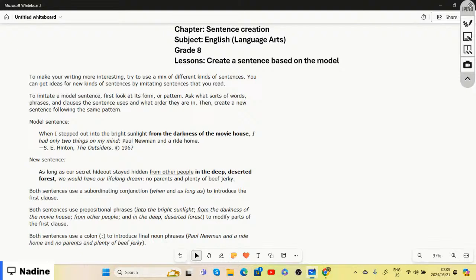All right. So if we look at our model sentence, remember, we said we need to imitate a model sentence by looking at the form or the pattern, right?